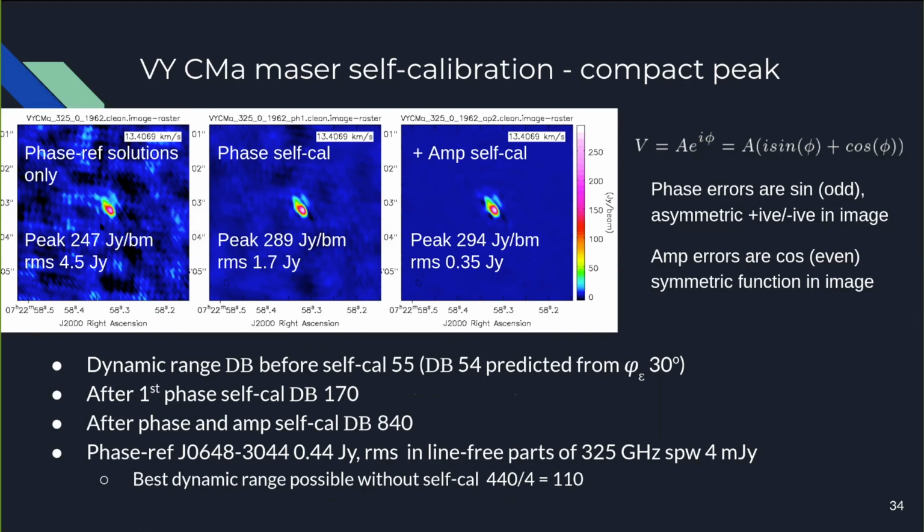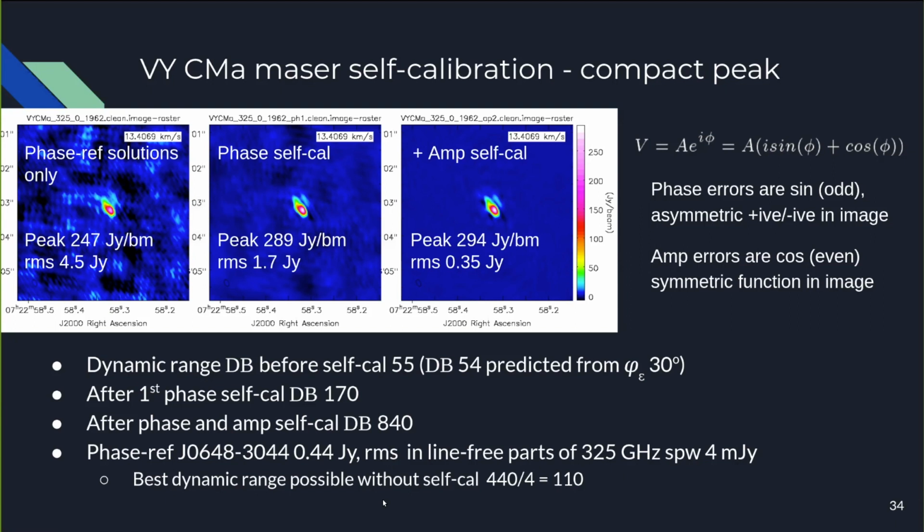You get a negative on one side, balanced by a positive on another, whereas amplitude errors represent the cosine term and tend to be more symmetric. And as we're increasing our dynamic range with the self-calibration, we actually end up with a dynamic range, ideally, of about 840. You might get to 1,000 if you do it very carefully. Whereas if we use the phase ref only, we wouldn't get beyond just over 100.